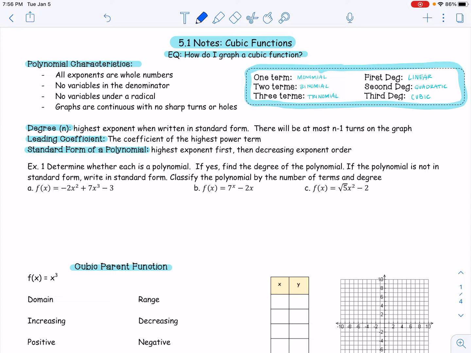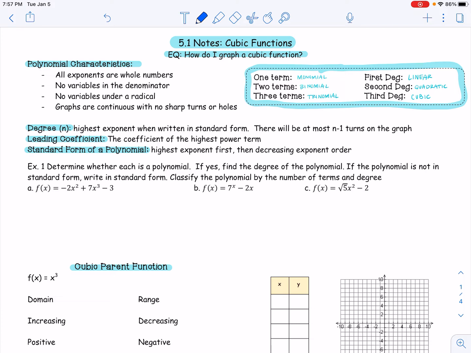Also, something to note, you can easily pick out the degree of a polynomial because it is the highest exponent that you see when it's written in standard form. That number will also give you something significant when it comes to graphing, and that is that there will be at most whatever number that is minus 1 turns on the graph.